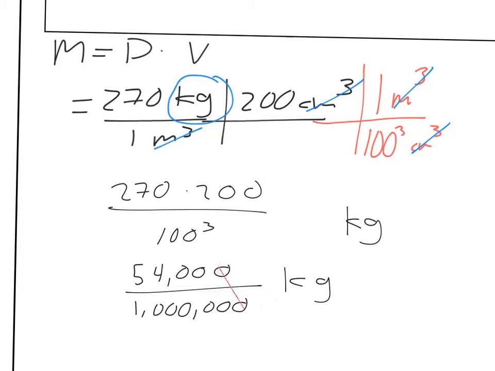So we can reduce this real quick. I'm just going to take the tens out, the hundreds out, the thousands out, and now I literally just have 54 divided by 1,000, which when you plug in your calculator is 0.054 kilograms. Perfect.